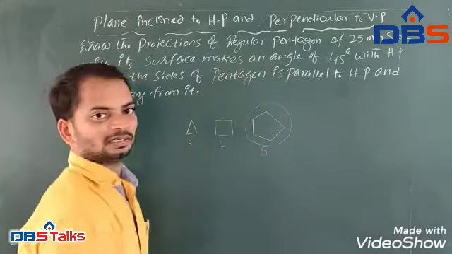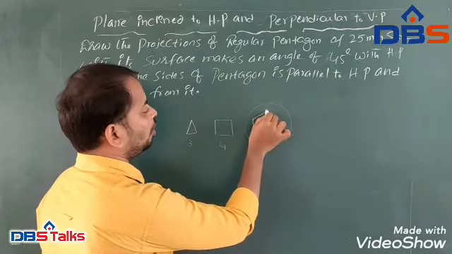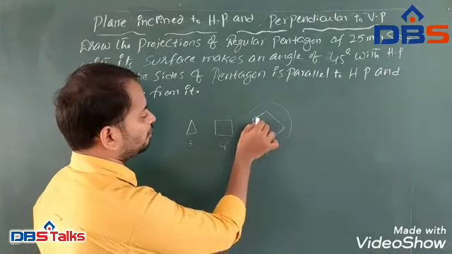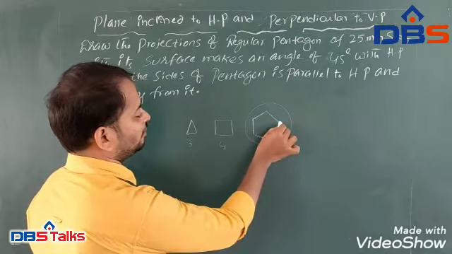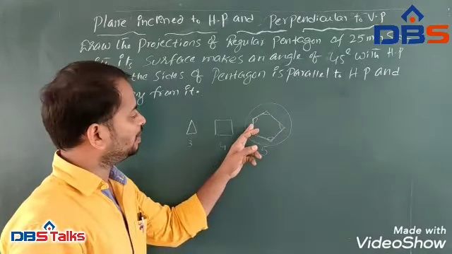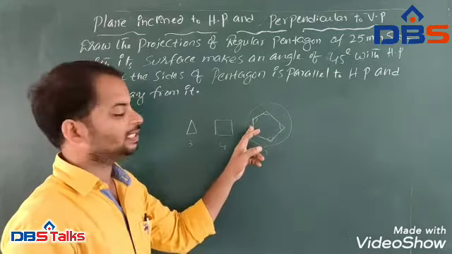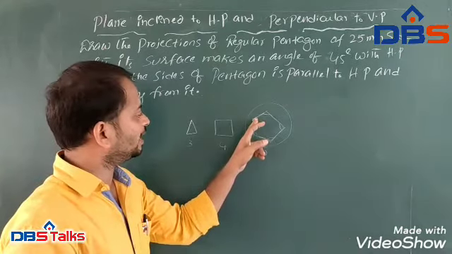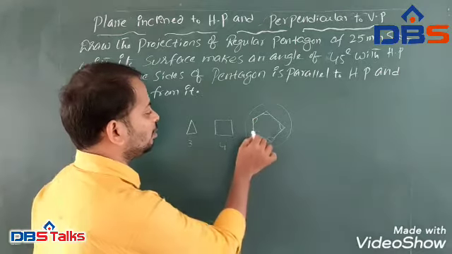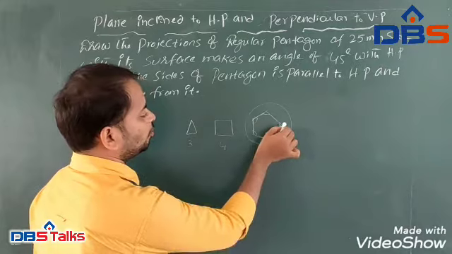What is meant by regular? The sides or edges of a regular pentagon are of equal lengths. That means whenever we see the angle between any two adjacent edges, the angle is always the same as that of any other two adjacent edges. For a pentagon, what is the angle?